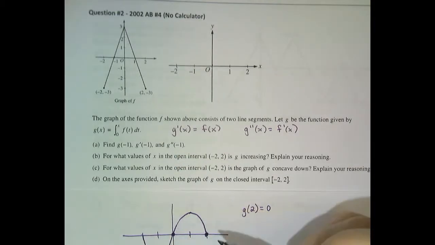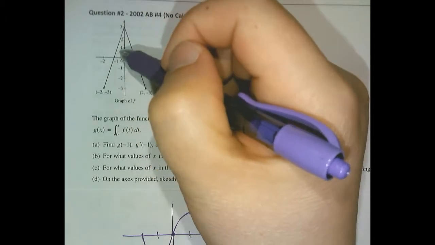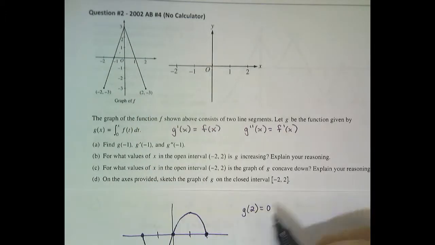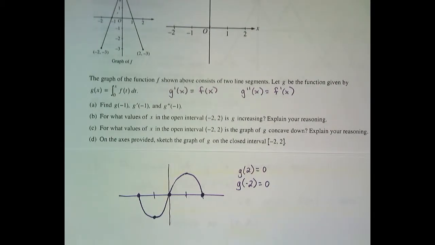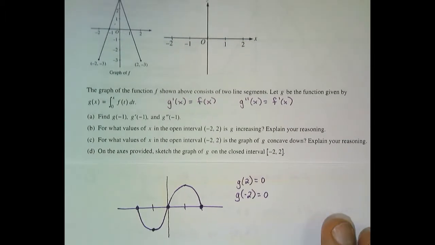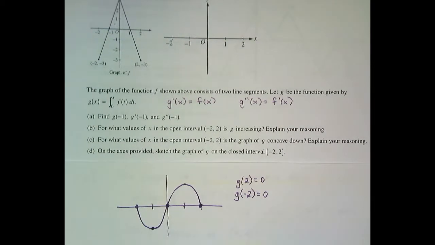Just like previously, these two triangles' areas will cancel each other out, and we're able to deduce that g of -2 is also 0. So we get a curve that looks somewhat sinusoidal in nature. It is not a sinusoid, but it's kind of like one. It's closer to two parabolas tied next to one another.